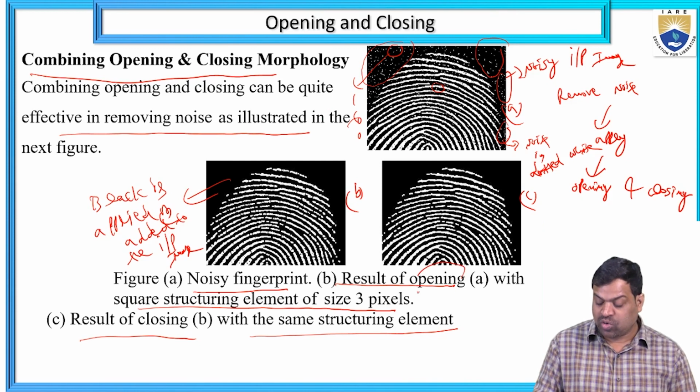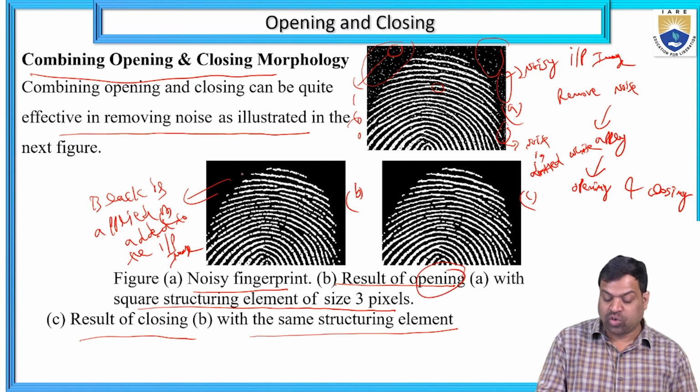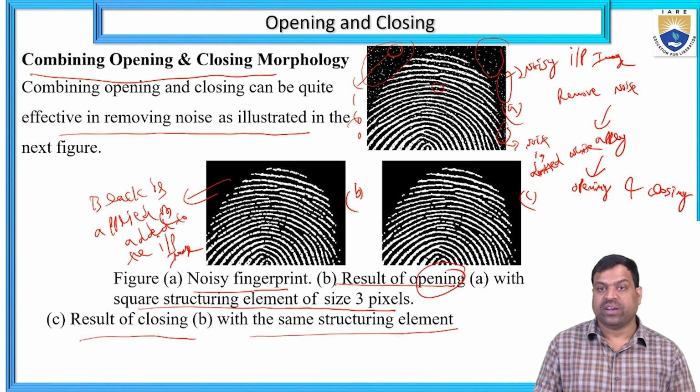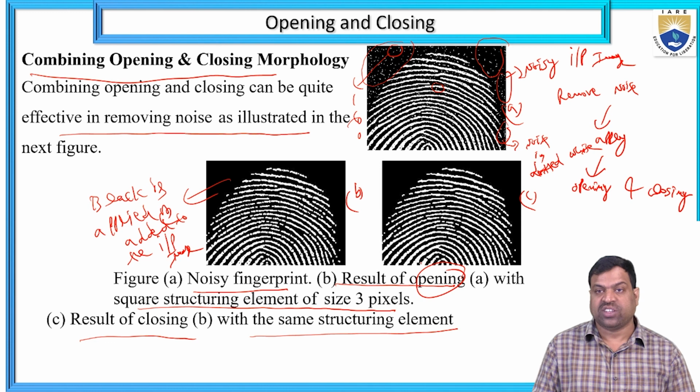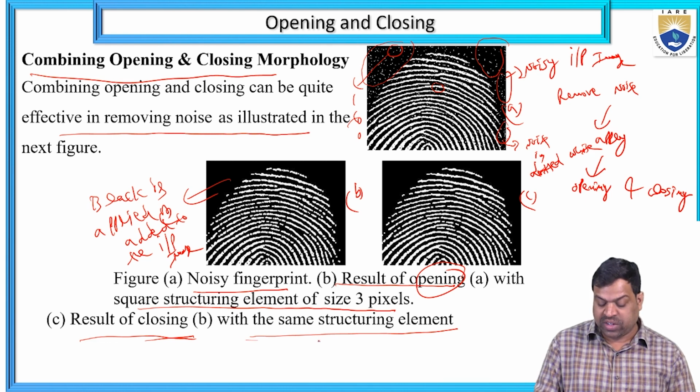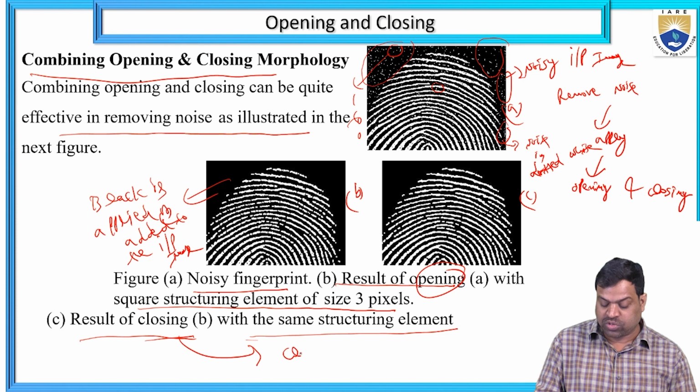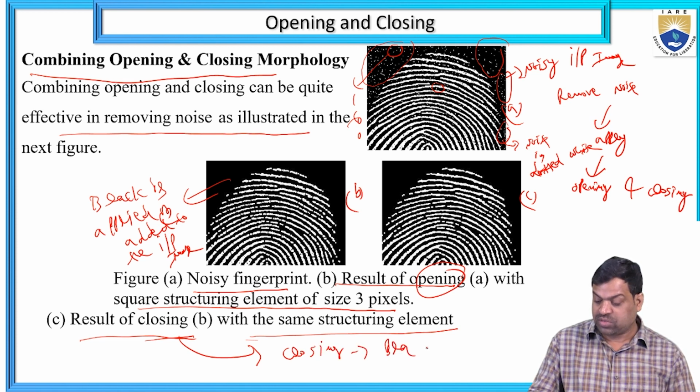Here I applied the opening technique. That means the background white dots are converted to black. So the pixels are changed with a structuring element of size 3 pixels, and then the result of closing. Closing means the unnecessary black we have to remove. So then I go to the closing, and what is happening is that black is removed.